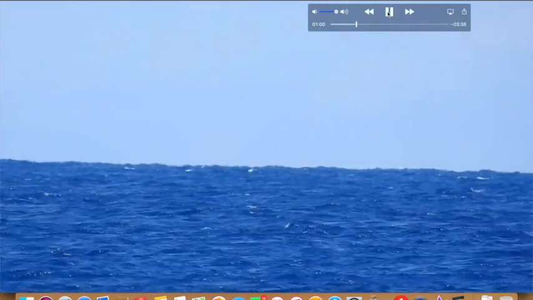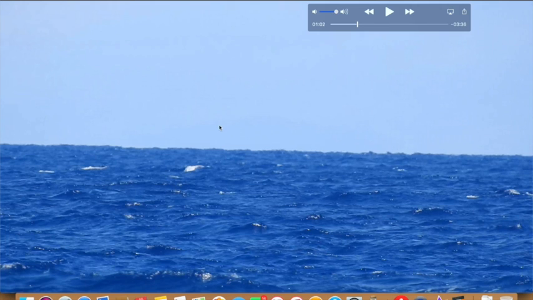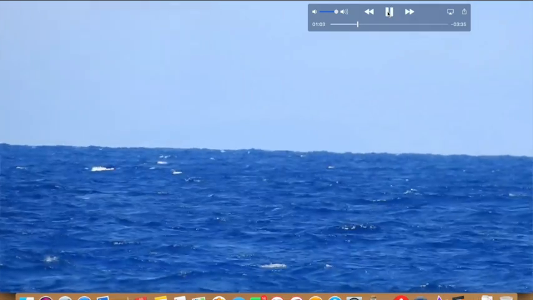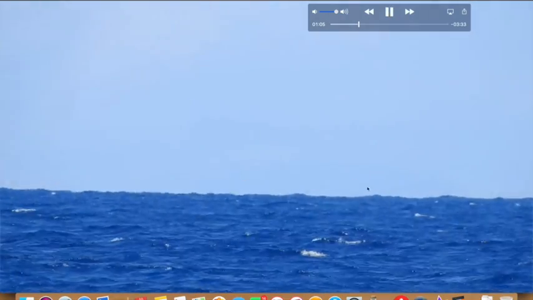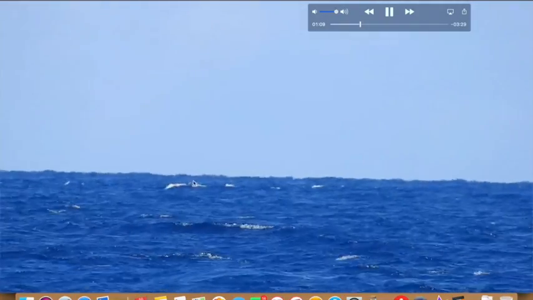Whoop! I see a little island top sticking up here. Do you see that? It's a little hard to see, but if I move it, you'll see better. You see? Island top here, which I believe is Lanai. You see it? Island top. Whoop! Moving away towards Lanai, Kahoolawe, I mean.